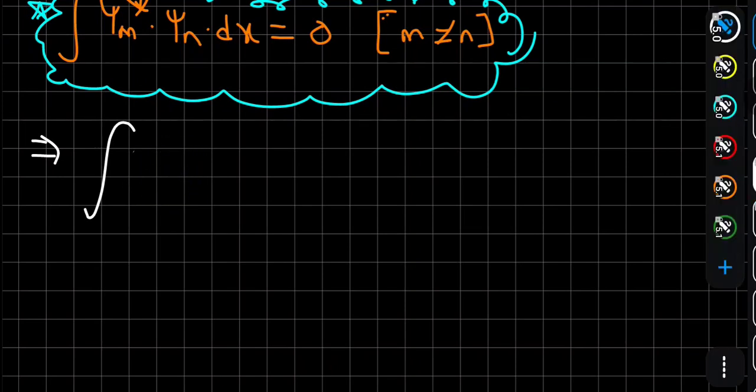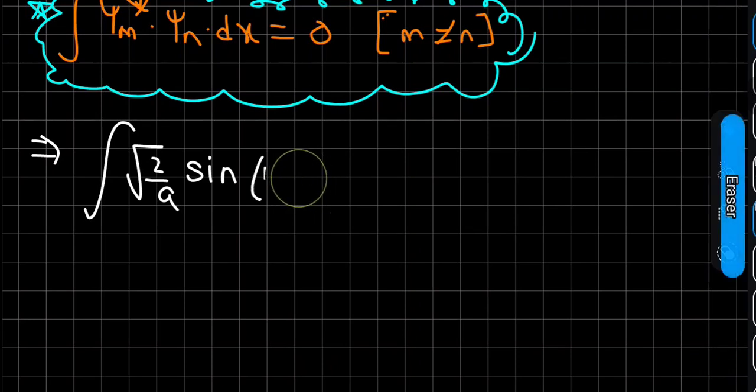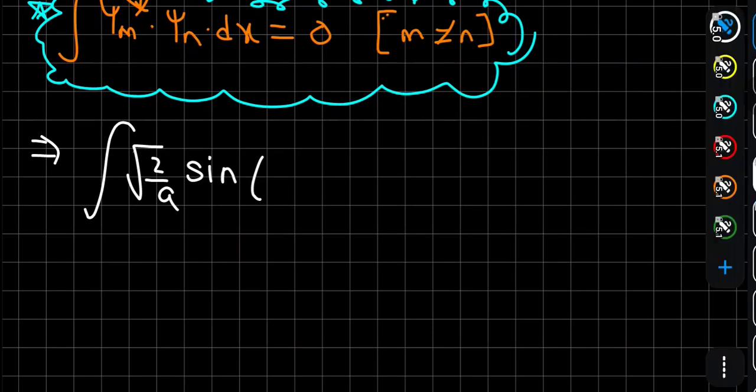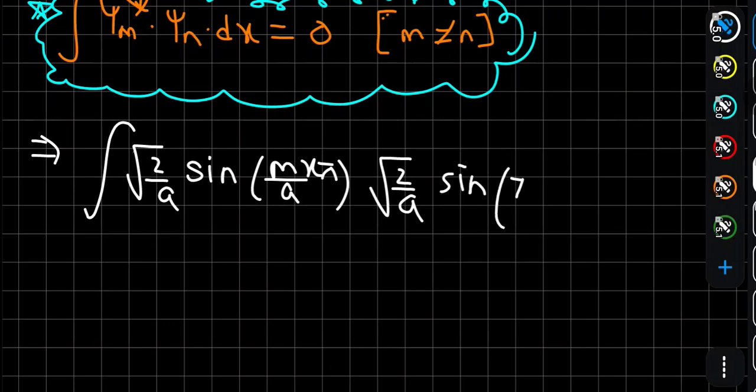So the integral is root 2 by a sine of m pi x by a, times root 2 by a sine of n pi x by a, dx.